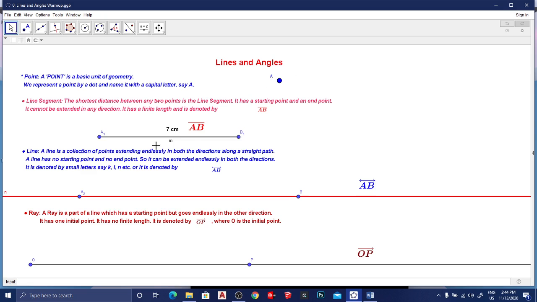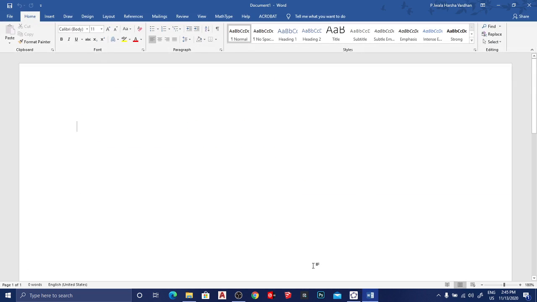Next one, line segment. Already I told you a point is a basic unit of geometry which is used to draw any geometrical figure. What is the meaning of that?